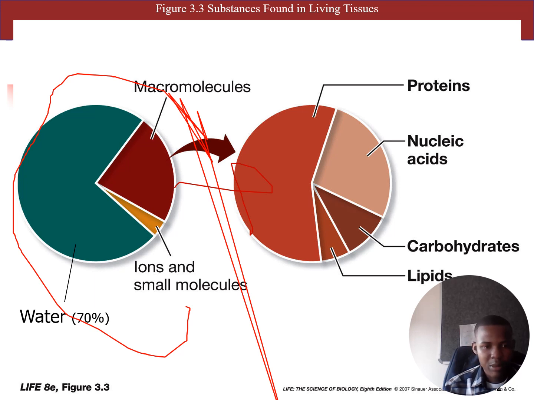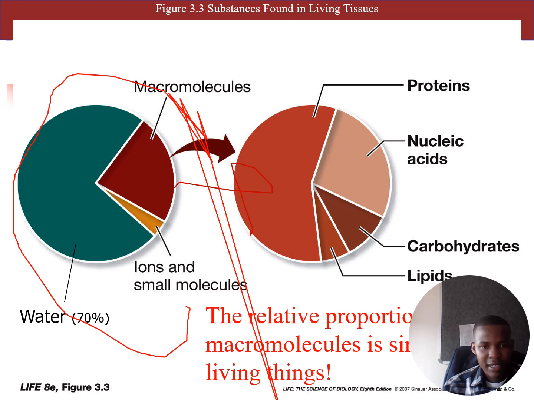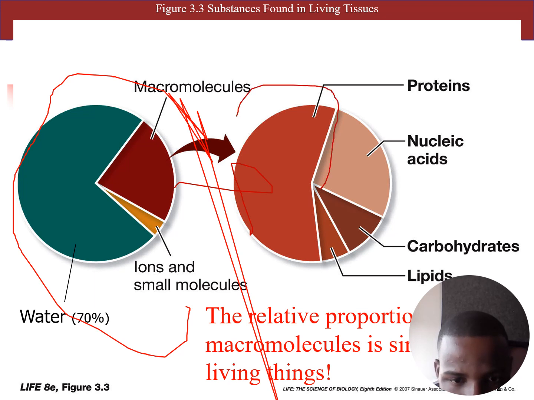So in other words, the relative proportion of the macromolecules in a human body shows that proteins occupy a lot of space as compared to other macromolecules.